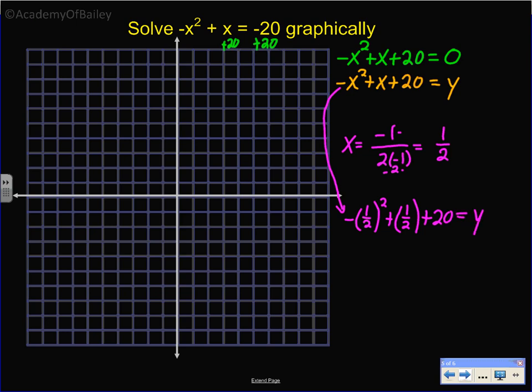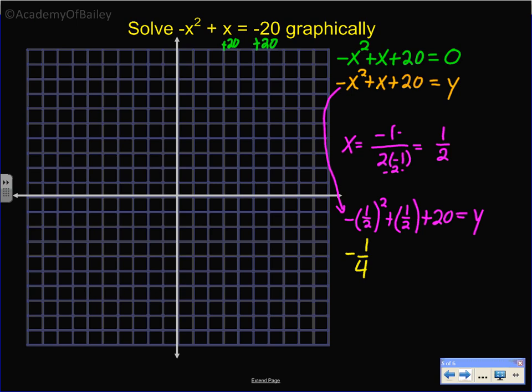So now we just need to go ahead and work this out and solve it. We know 1/2 squared is 1/2 times 1/2. Multiply the top numbers, you should get 1/4. Drop down your negative sign with it. Okay, so we have negative 1/4, and we're going to add 1/2 to it.